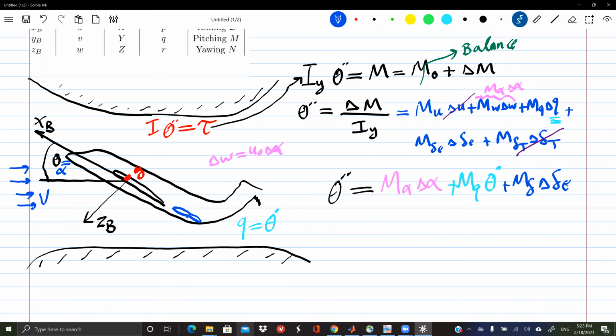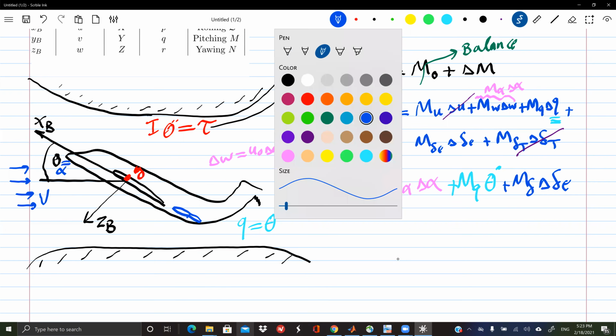Professor, why did the delta U go away again? Because U is the forward speed, and in the wind tunnel the airplane doesn't move. The speed only comes from the airspeed of the wind tunnel, and it's fixed, no changes. Perfect, thank you. And you guys have to tell me, what is delta alpha?